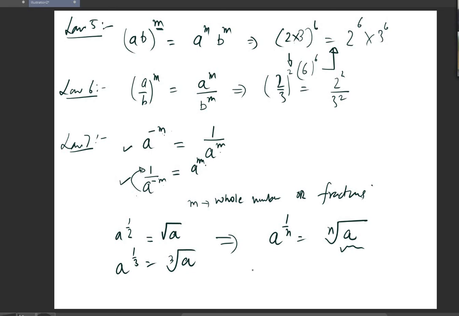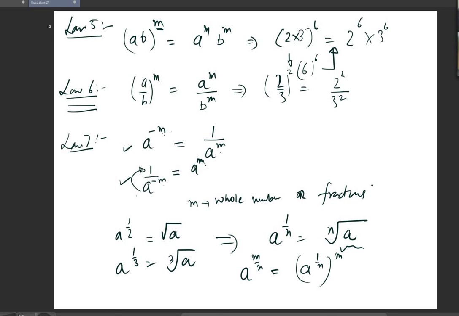Last but not the least, if you have a raised to the power of m over n, then you can apply one of the laws in the reverse fashion. I apply law 4 in reverse: 1 over n inside times n outside, which goes on top.